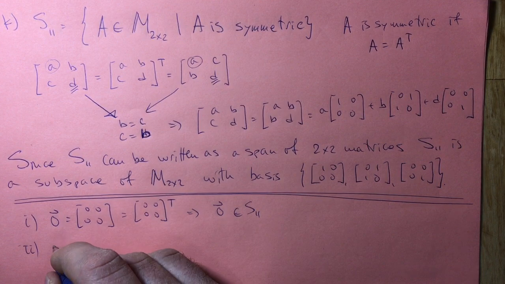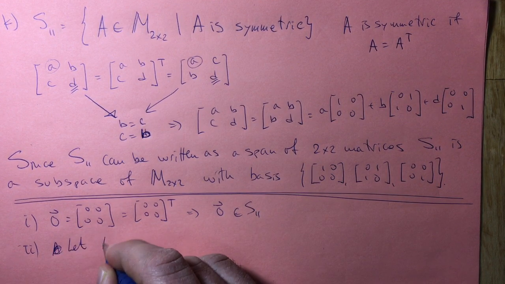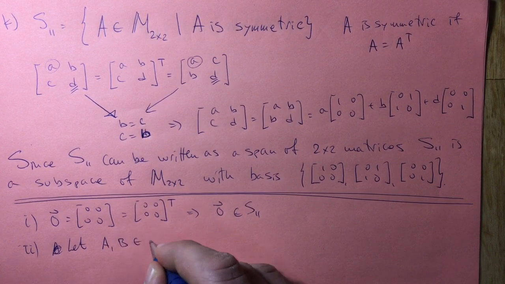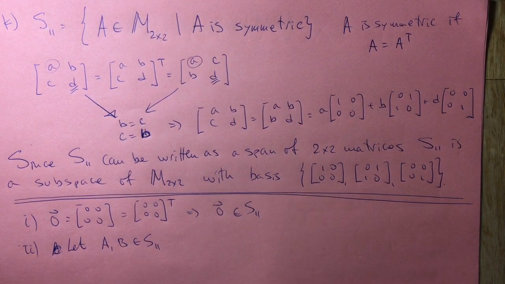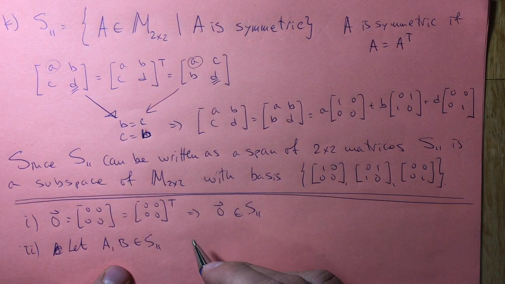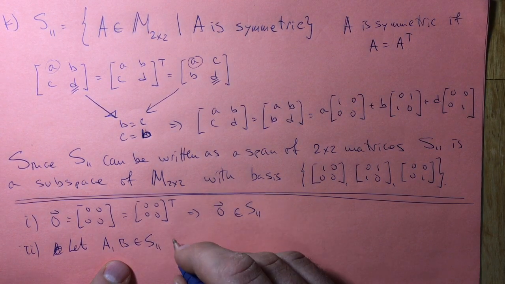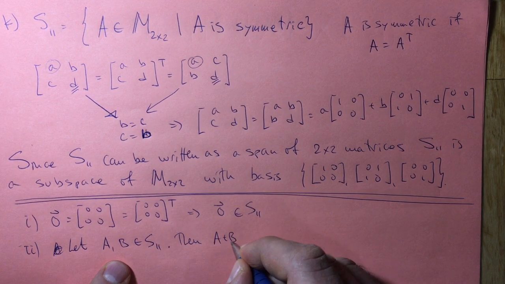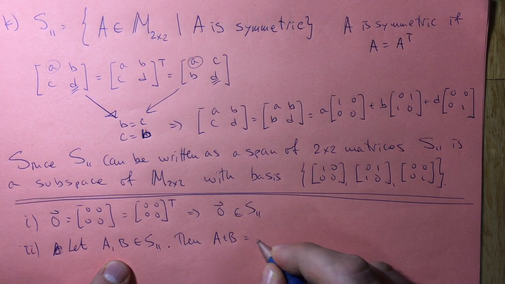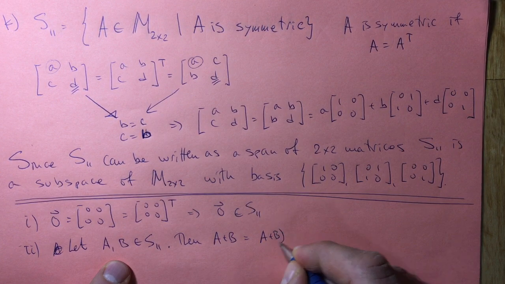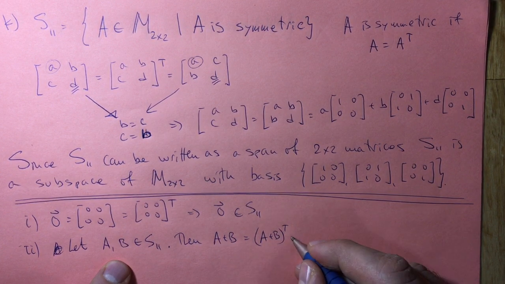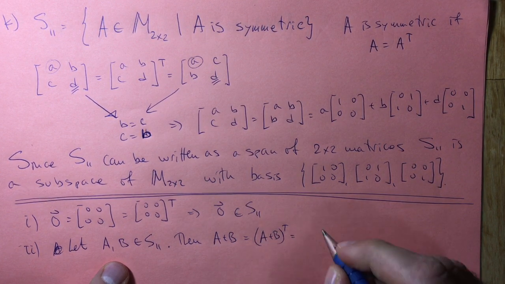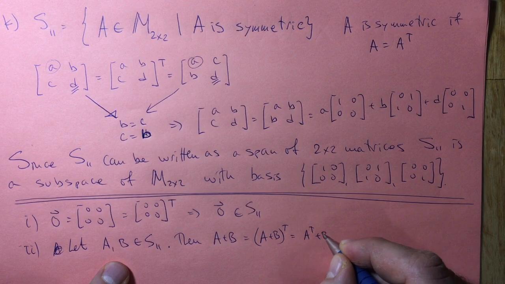Take two symmetric matrices, so let A and B be in S11. Then A plus B is equal to (A plus B) transpose. Why? Because (A plus B) transpose is A transpose plus B transpose.